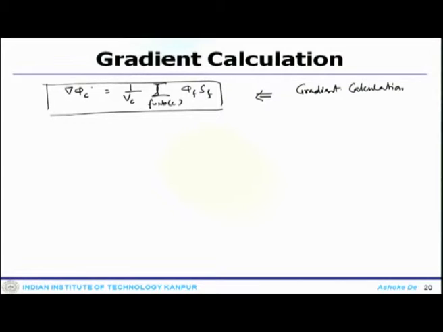Now, once you are trying to do this gradient calculation, there are ways we can do that, especially when you move to a non-orthogonal system, you come across the cross diffusion term. Gradient calculation becomes very important in the sense that the cross diffusion term cannot be evaluated using the nodal values. Now, how do you define your discretized stencil? That leads to two approaches.